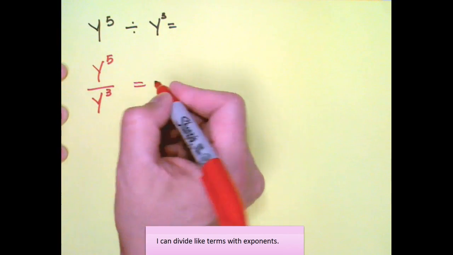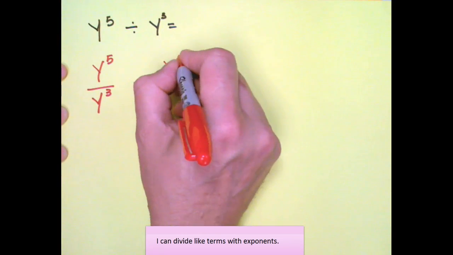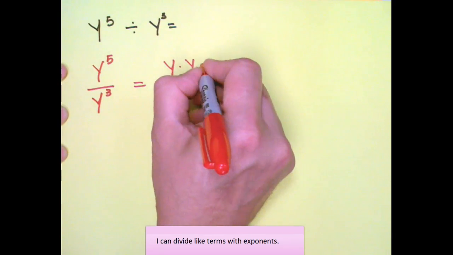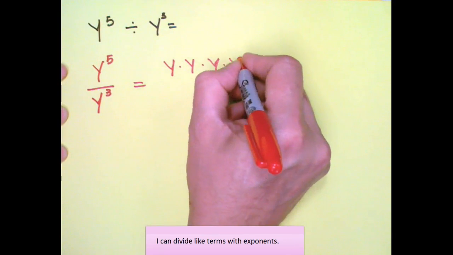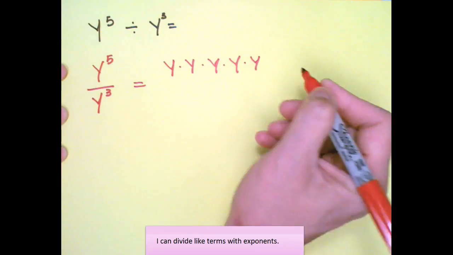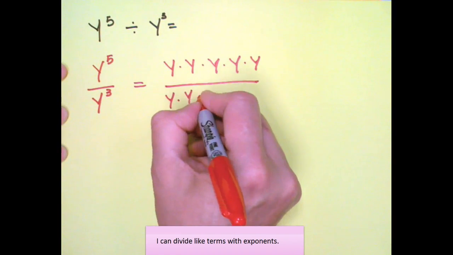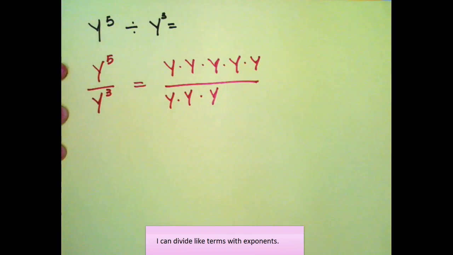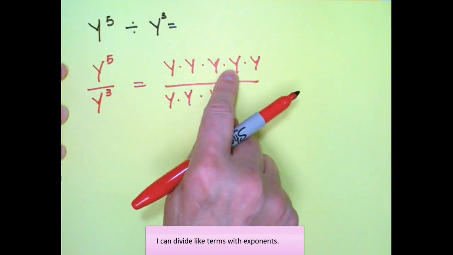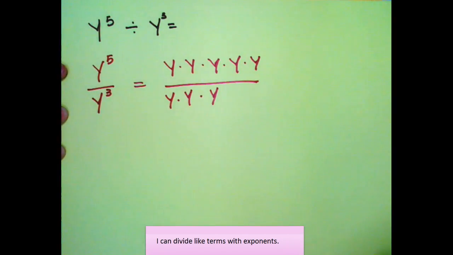And so we can also represent that as y times y times y times y times y over y times y times y. Okay, y to the 5th, y to the 3rd. And so we can now start dividing.